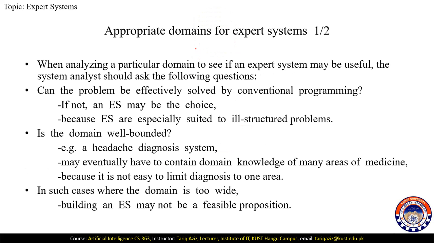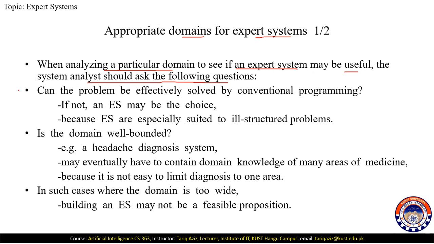Okay, dear students, the first topic is for which sort of domains we can develop expert systems. Now it says that when analyzing a particular domain to see if an expert system may be useful, the system analyst should ask the following questions.